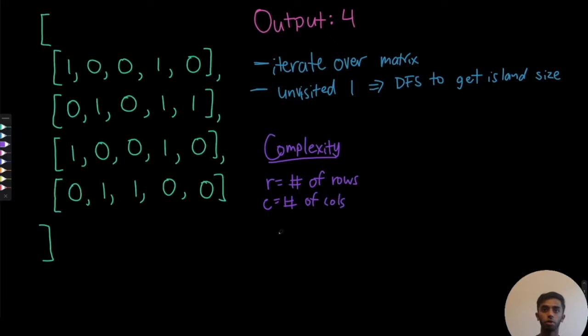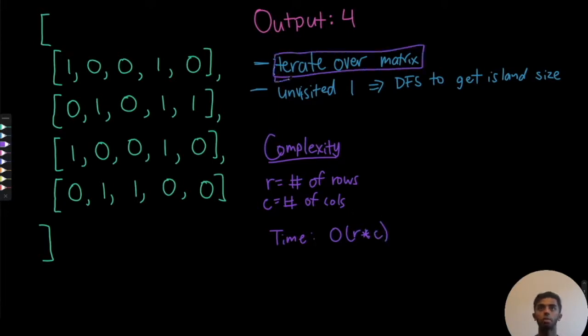So our time complexity is going to be O of R times C, because we are iterating over the entire matrix. This alone is R times C, but we also know that our DFS, in the worst case scenario, if everything was a 1, would go through the entire matrix once we hit 0, 0, and then we would just skip every point after that.